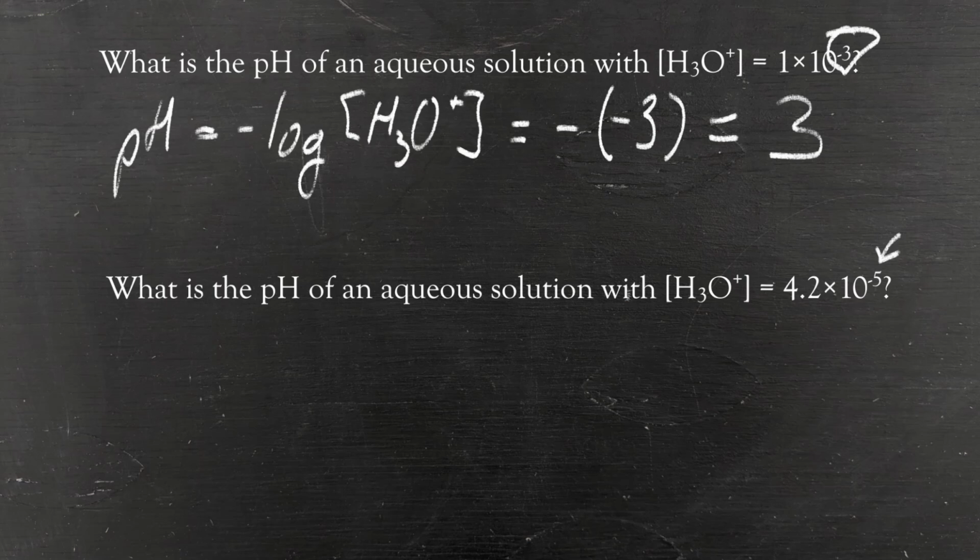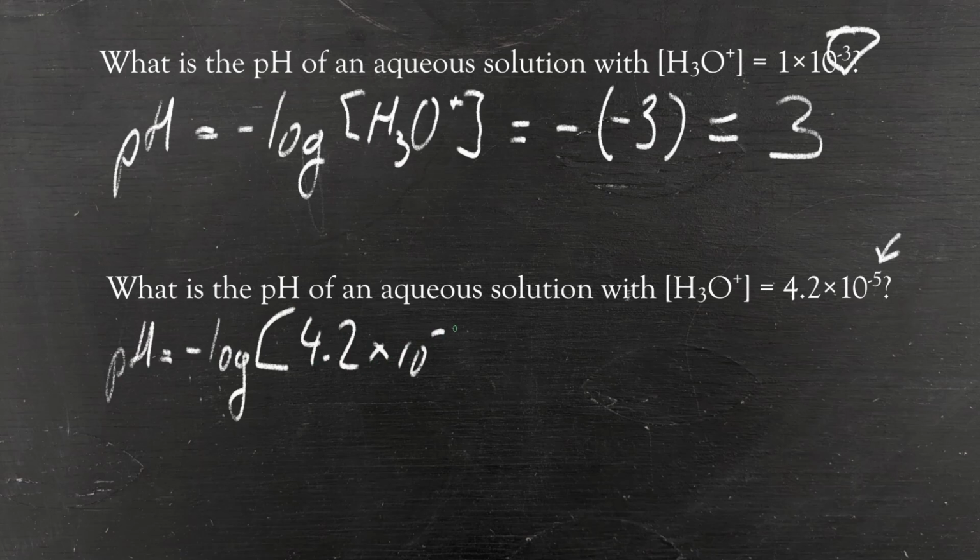So we can guess that the pH for this should be approximately equal to 4 point something. So we're going to get our calculator. We're going to take that pH equals the negative log of 4.2 times 10 to the -5. And if you put that through your calculator, you'll get an answer of 4.4.